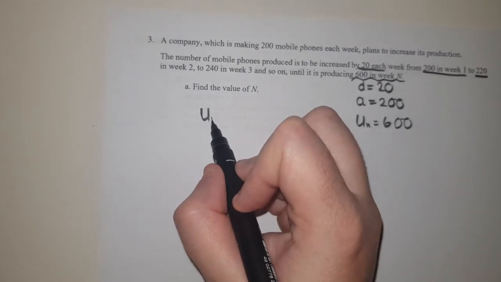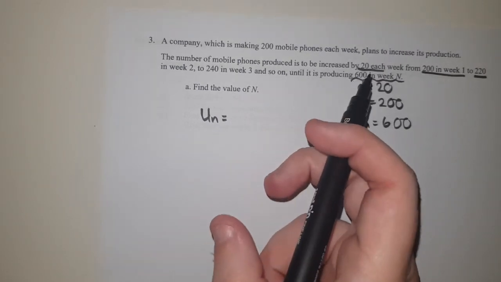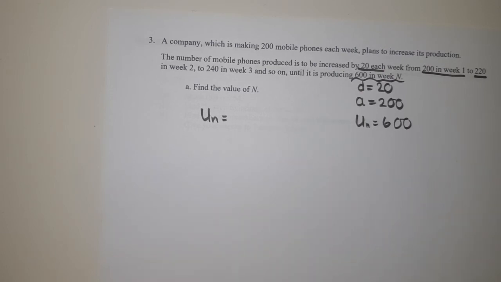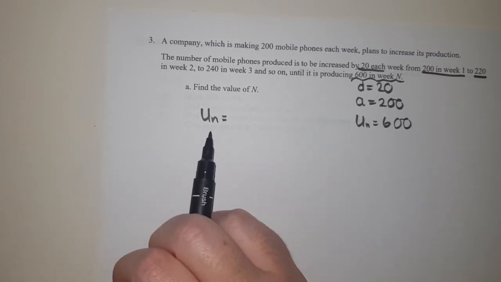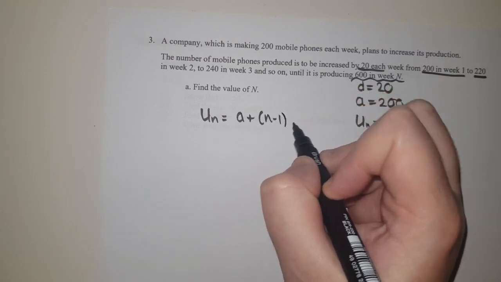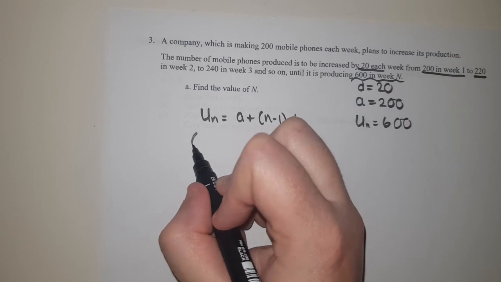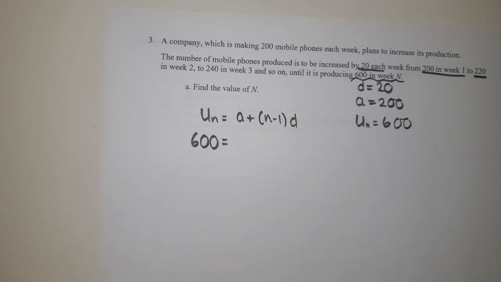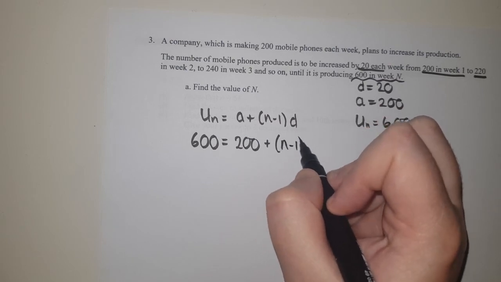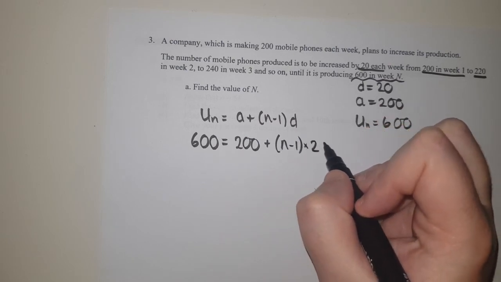Well, un, and remember they're producing 600 in the week n. That does not mean the sum to 600. So we're using the normal nth term formula, a plus n minus 1 d. We're just going to substitute everything we know. It's going to be 600 that they're making, a is 200, n minus 1 times 20.